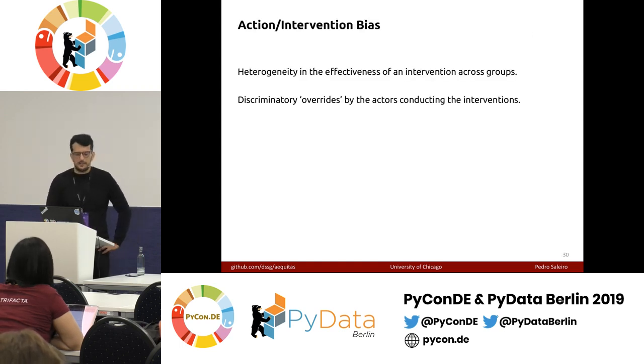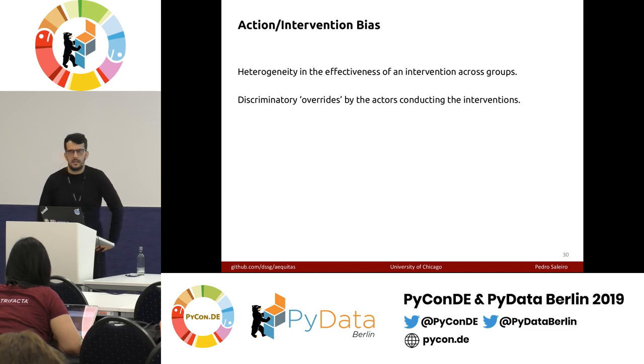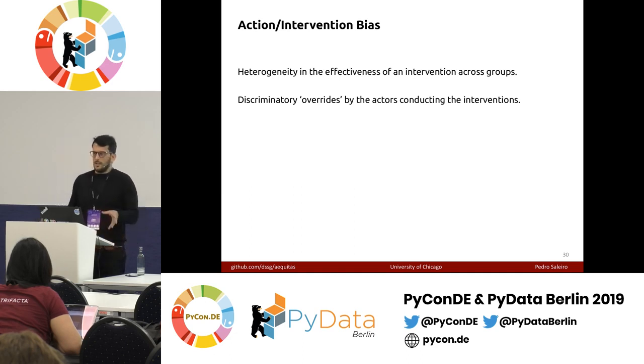And at the end, there is also the action or intervention bias, because the intervention might be mental health outreach, as I was saying, or specific nutrition consultation, or some training, a workout, whatever. Not all the groups will be prone to accept the intervention the same way, and not all the groups will find the intervention as effective.